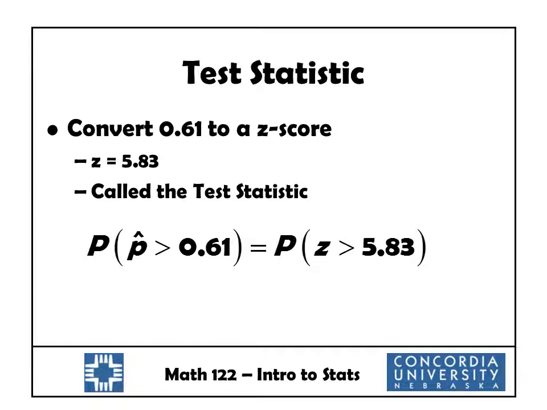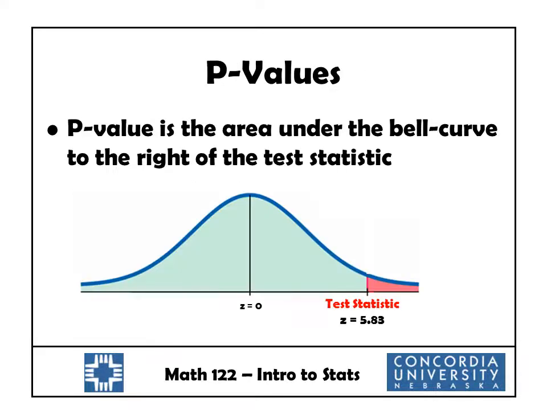Okay. So now the probability that p hat is greater than 0.61 equals the probability that z is greater than 5.83. So we've converted this over to a standard normal distribution problem, and we know how to calculate that probability. Okay. So I draw my standard normal bell curve, go to z equals 5.83.